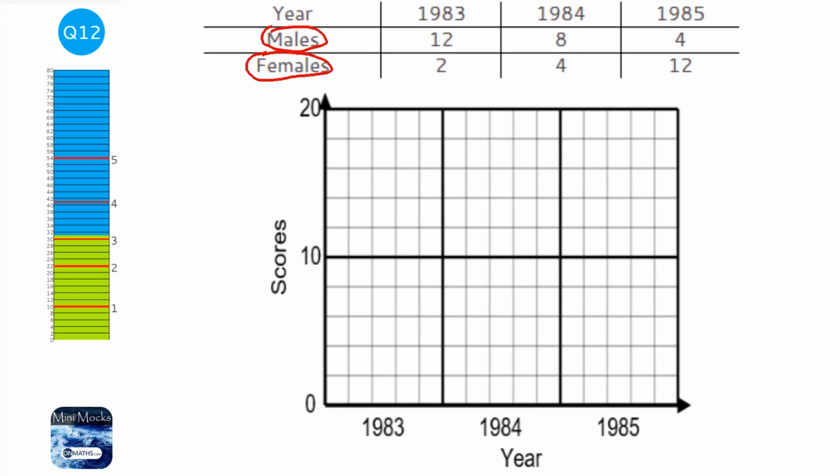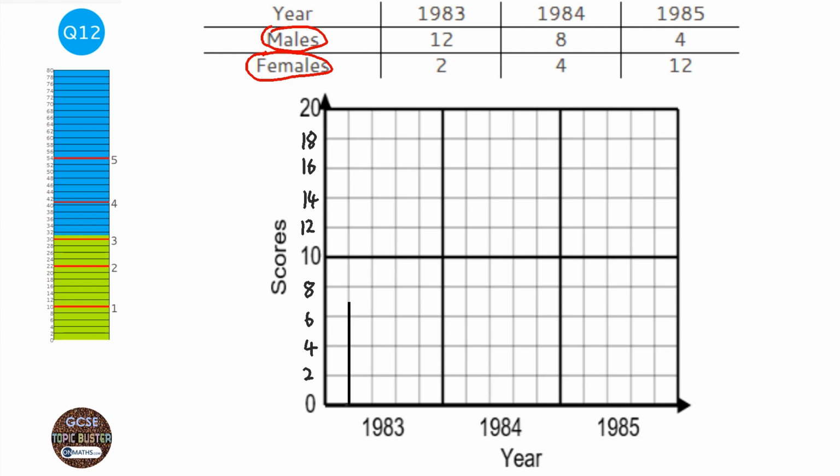Okay, so we're going to start off by working out what the scale is. It seems to be going up in 2s. And you don't need to write on what the scale is for each individual mark, but I'm doing it to make it easier to show. So the first one, the males goes up to 12.